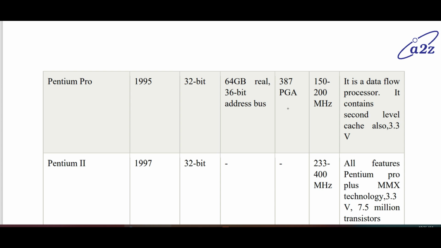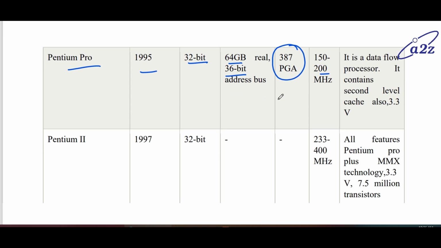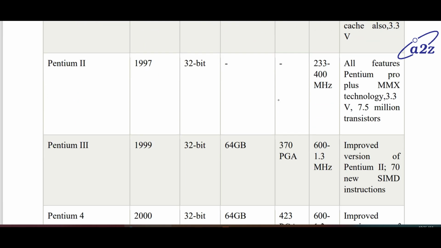Next is Pentium Pro, 95, 32-bit, 36-bit address bus, 64 GB RAM, 387 PGA, 200 megahertz is the frequency. In the same way, Pentium 2 was 400 megahertz, Pentium 3 was 600 megahertz to 1.3 gigahertz, sorry.